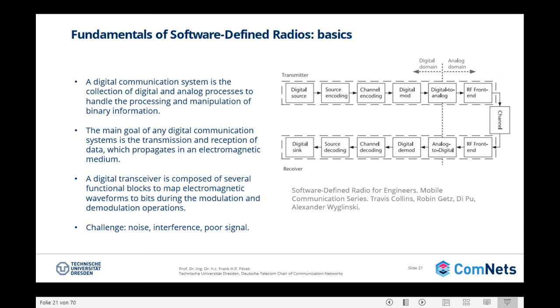As we can see in the picture, there are two main domains: the analog domain, represented by the radio frequency front end, and the digital domain, represented by the digital source, source encoding, channel encoding, digital modulation, and the conversion from digital to analog or analog to digital. The main goal of these digital communication systems is the transmission and reception of data, which propagate in an electromagnetic medium.